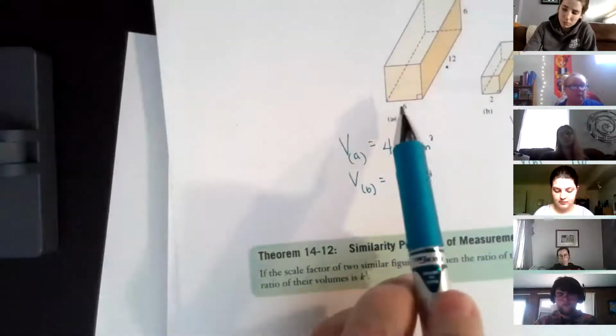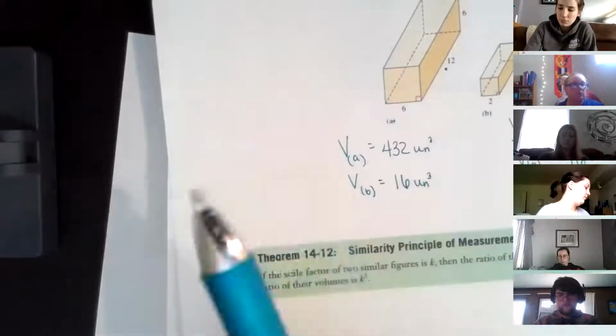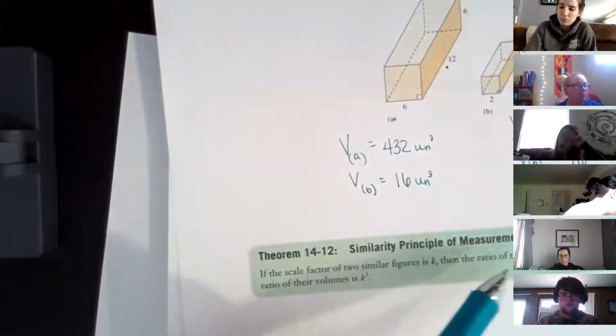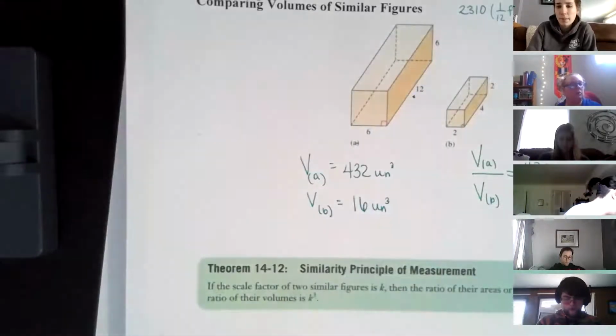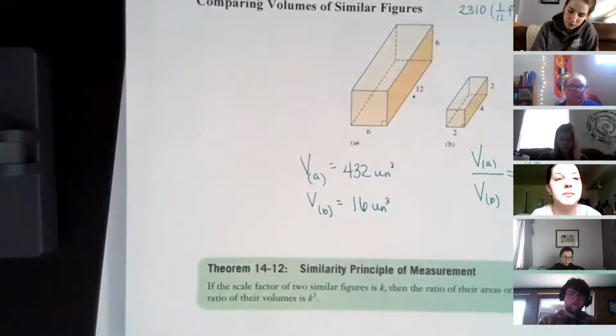The linear factors 6 and 2 have a scale factor of 3, 2 and 4 scale factor of 3, 6 and 2 scale factor of 3, and the ratio of their areas is k squared, then the ratio of their volumes is k cubed. Does that make sense?